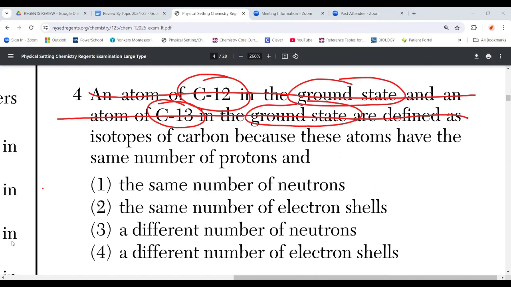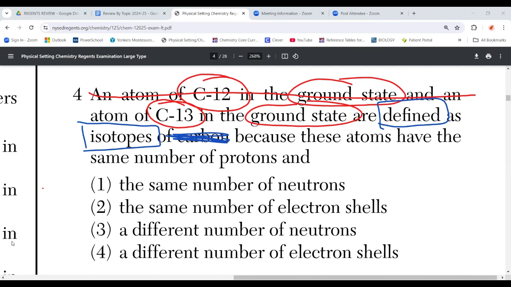What they really brought up for you here is they said the word defined, which means they want a definition. They want a definition of an isotope. It doesn't even matter if it's carbon. The definition of an isotope is always the same. It doesn't matter what atoms we have.